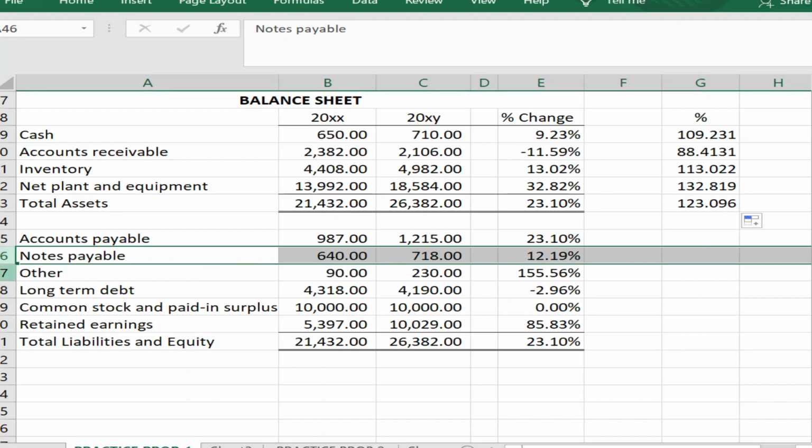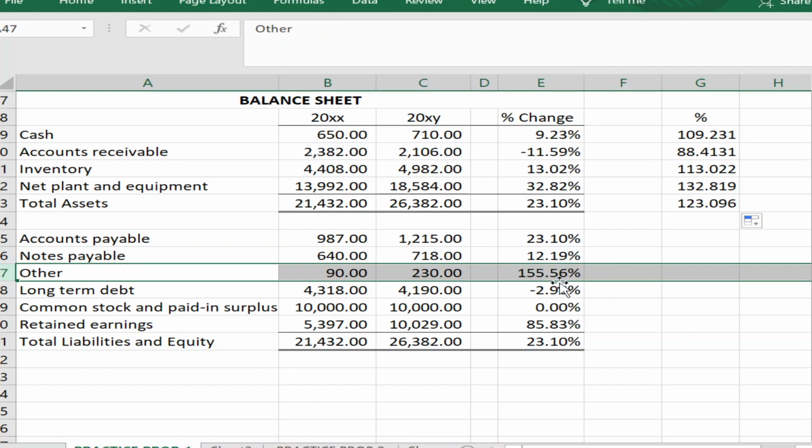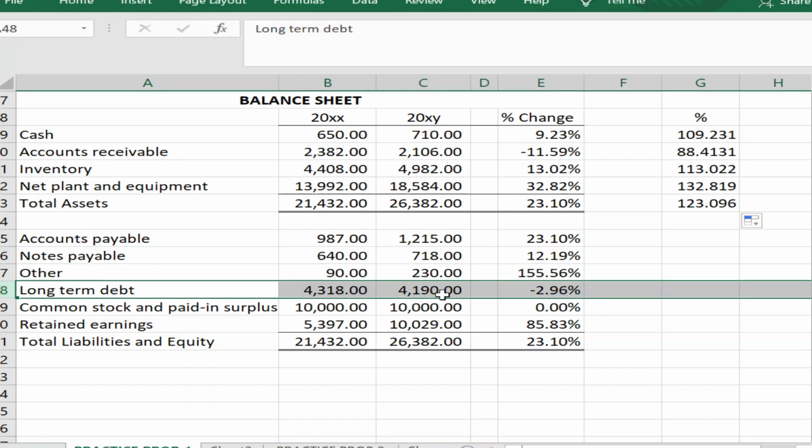Others also increased by 155.56%, and since the details are not given here, you need to investigate where and why these increased. Meanwhile, our long-term debt decreased. It could mean that they have paid some of their long-term debts, and also they did not borrow again on a long-term basis.